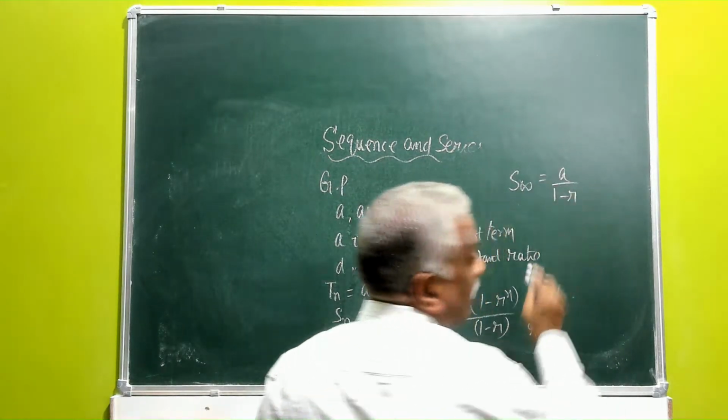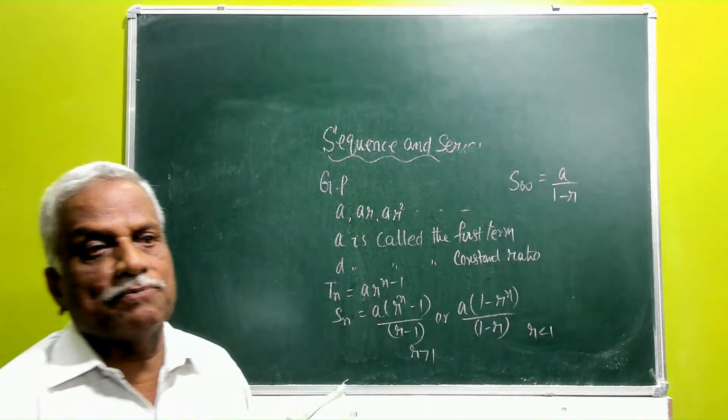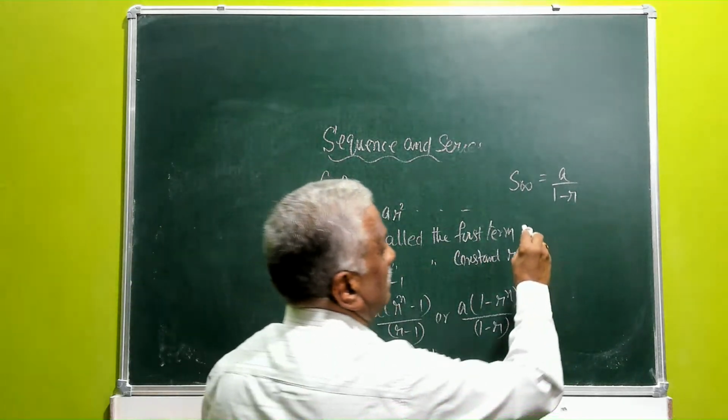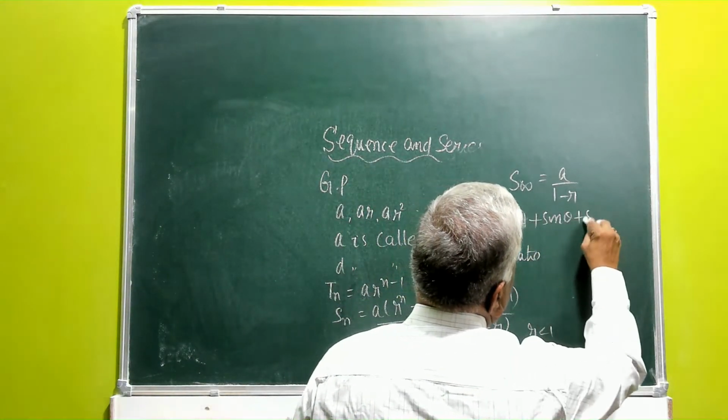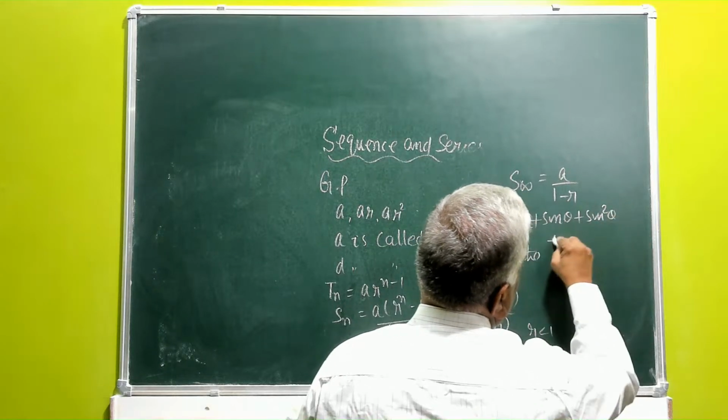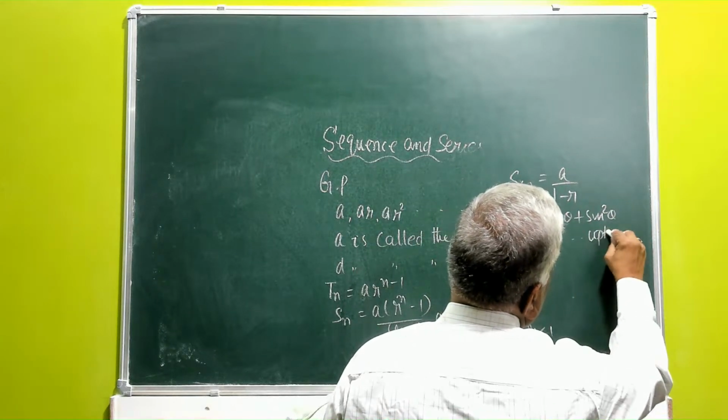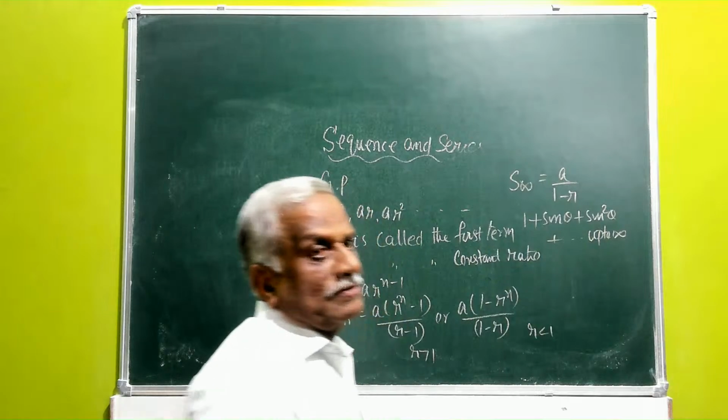I think you can recall, we worked a problem in trigonometry: 1 plus sine theta plus sine square theta plus etc. up to infinity. Just today's class only we worked.